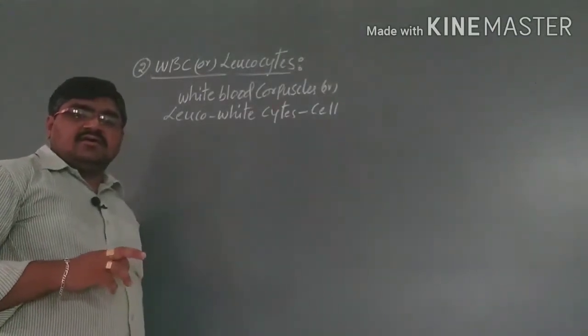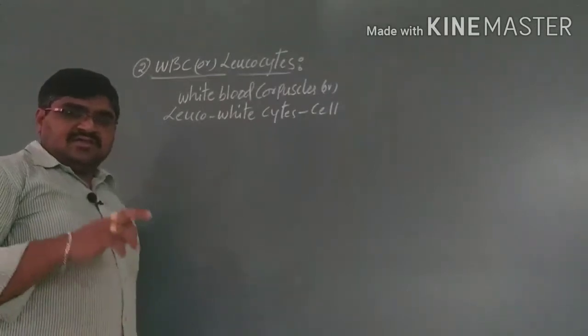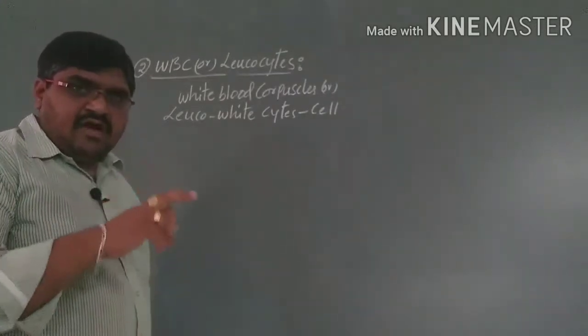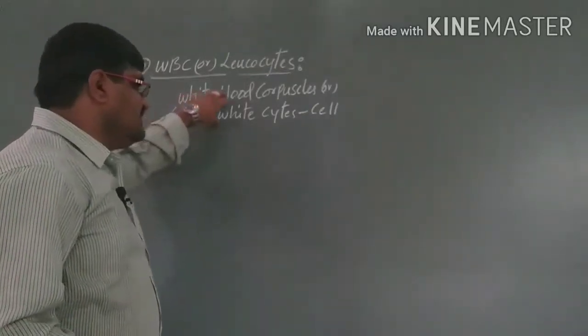White means hemoglobin is not present. Due to the absence of hemoglobin, these cells are white in structure. Leuco means white, cytes means cells.